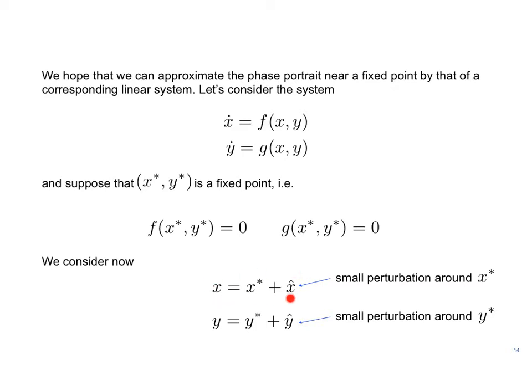We have the perturbation, so the fixed point plus a perturbation, fixed point plus a perturbation, and we know that by definition we have f and g being 0 at the fixed points.